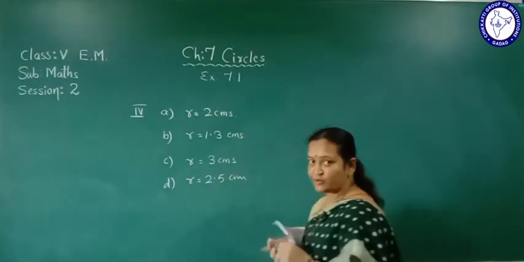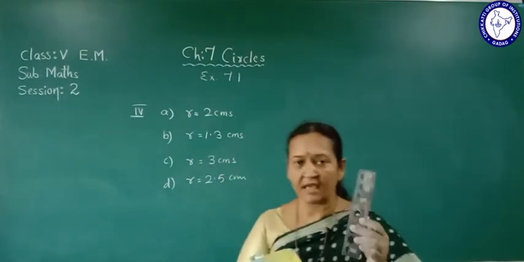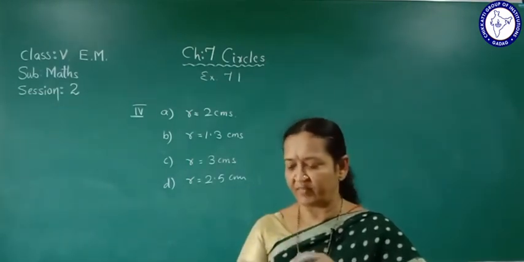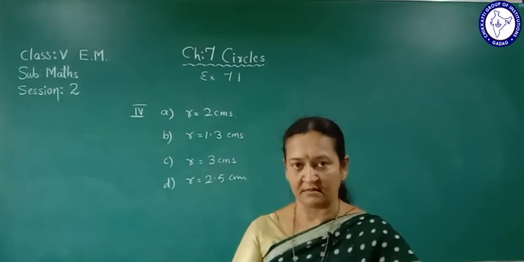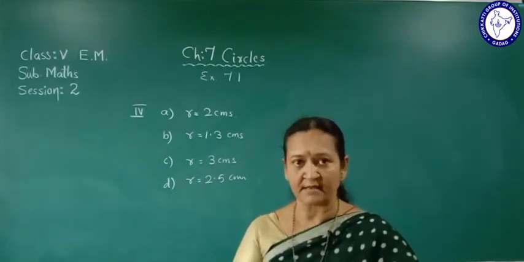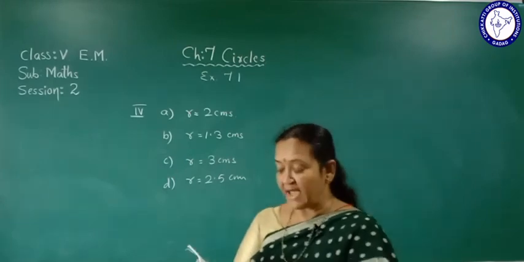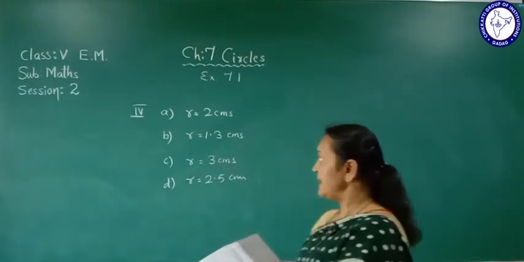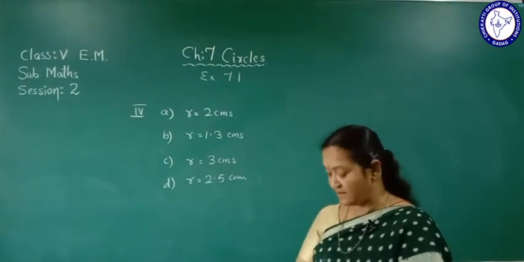So in your textbook, again keep your scale on the center of the circle. So the 0 on your scale should touch the center of the circle. Then where that line ends on the scale, that you should measure and write as the radius of the circle.